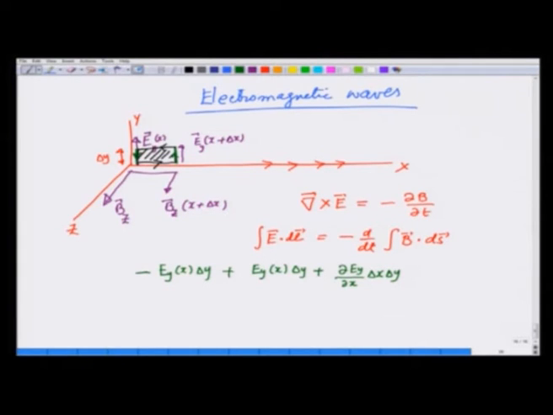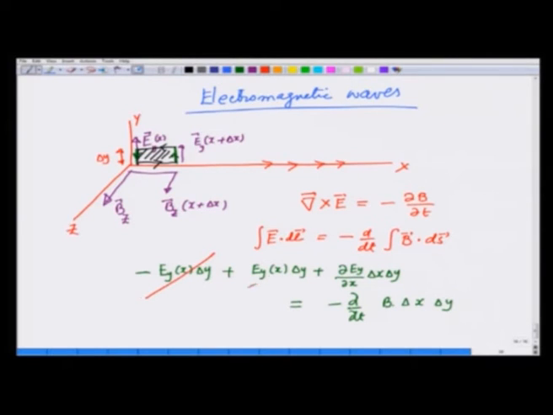This line integral is going to be equal to minus d by dt of B times delta x delta y. I am going to put a partial derivative here, because now this is not under the integral sign anymore. Let us cancel a few terms.